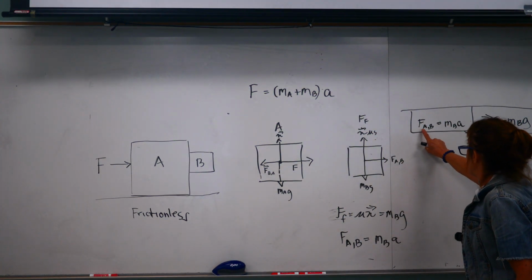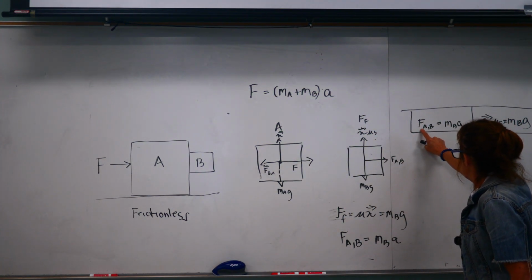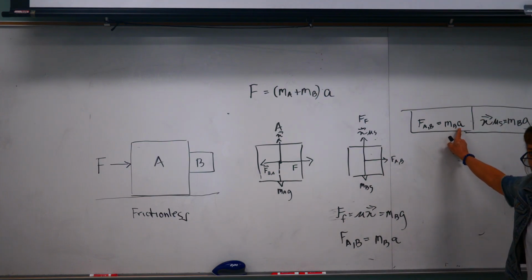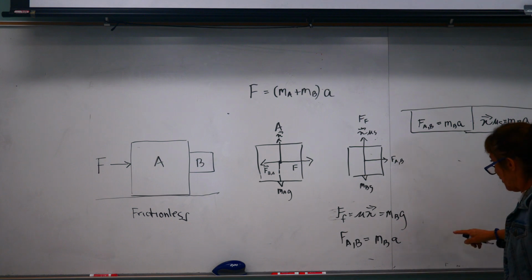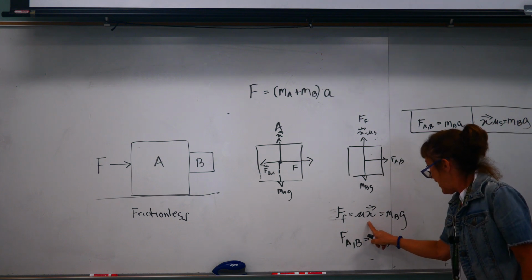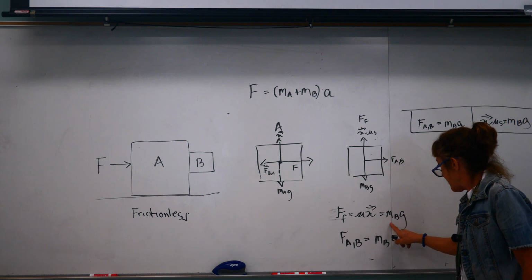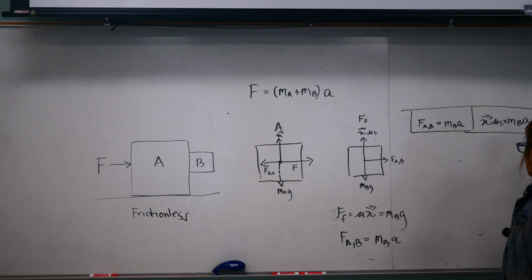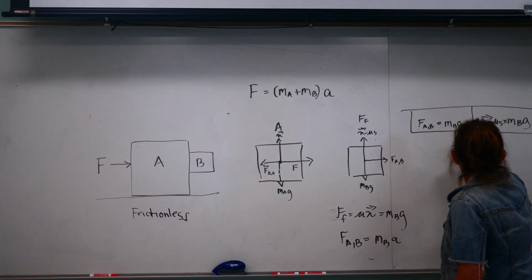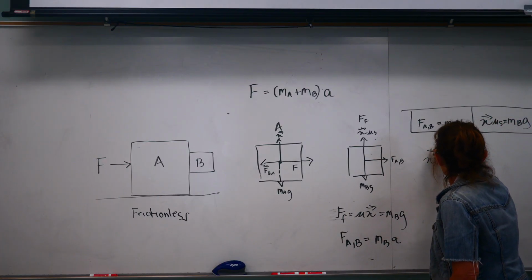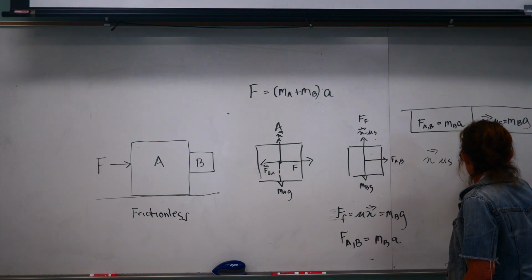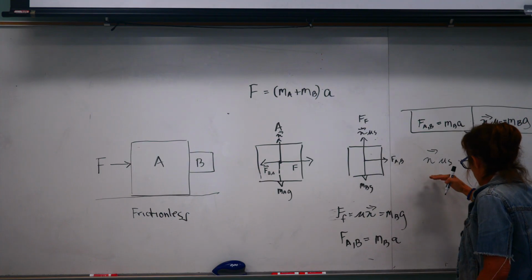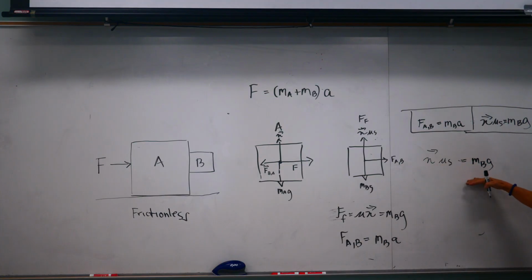So I know that the force of A on B is the mass of B times the acceleration as well. Okay, and I also know that my friction, mu N, is going to be equal to the mass of B times g. So I take N mu_s equals m_B g.